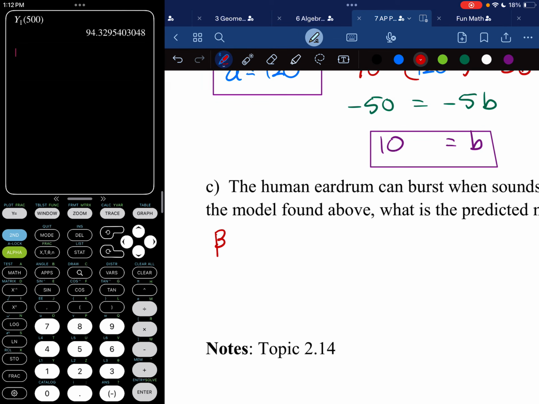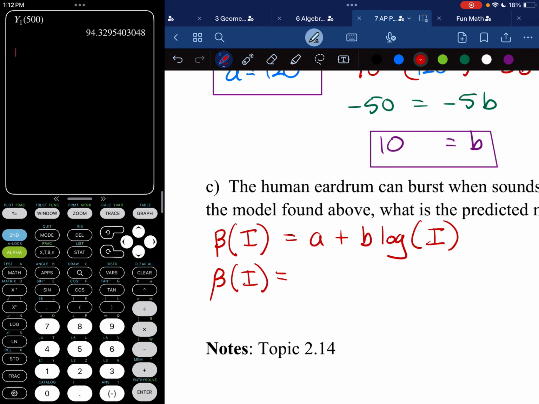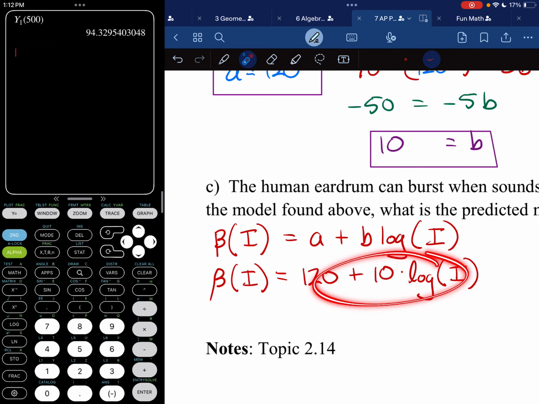My output, my beta, whenever my input is I, is equal to A plus B log of that input I. So in this case, beta of my input is equal to A, which we know is 120, plus B, which we know is 10, times my log of my input. So there's the formula that I have found using these two values up here.